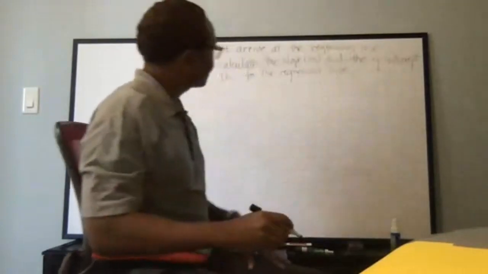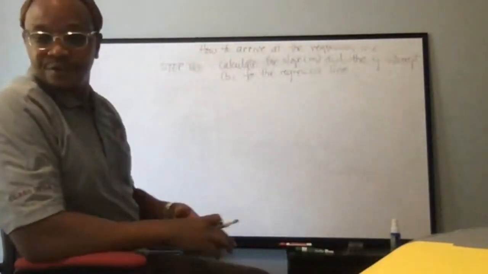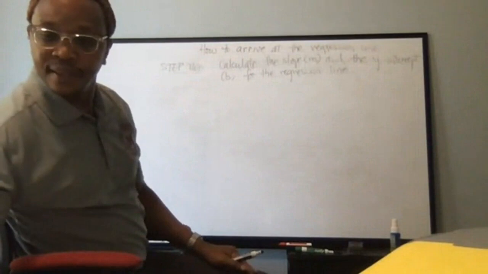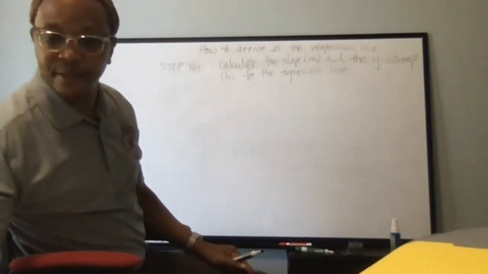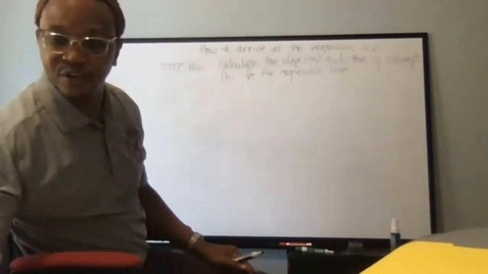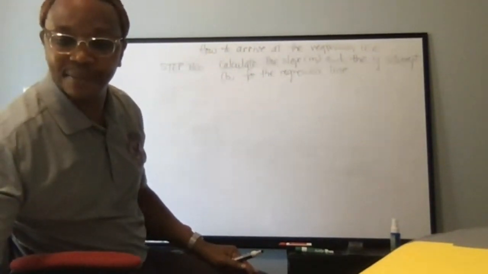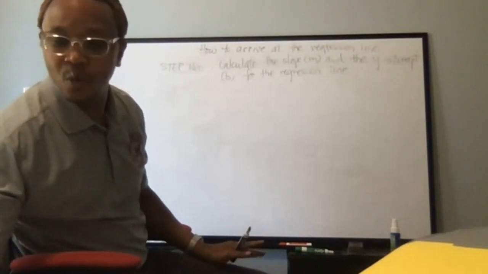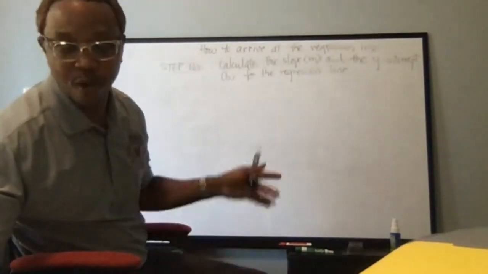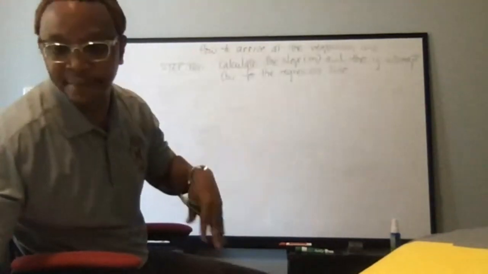Okay. Now, if you look on page 303, it's a little different in this book, because at the very top of the page, it says to calculate the regression line, and they have y equals a plus b. This is going to be a little confusing because we're saying y equals mx plus b, or y equals b plus mx in a sense.